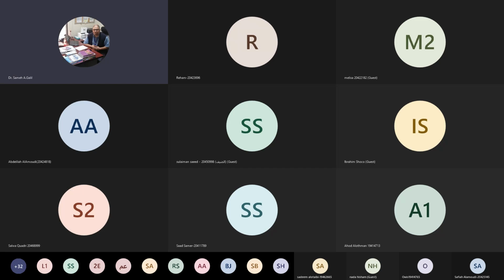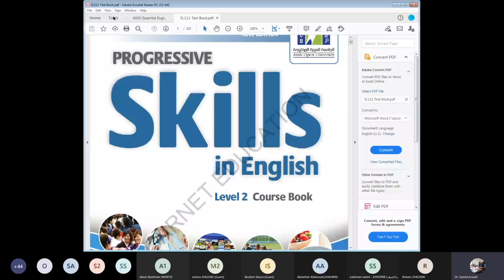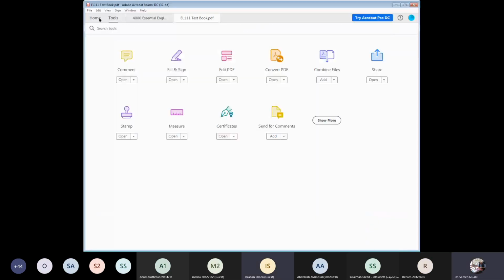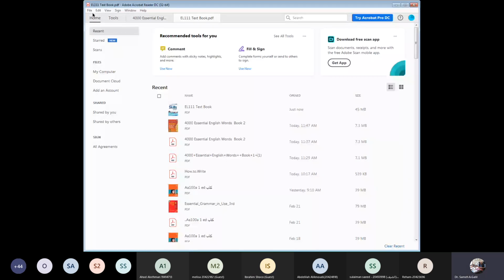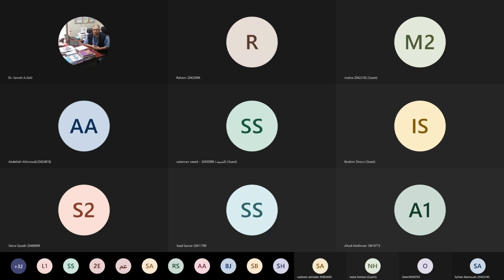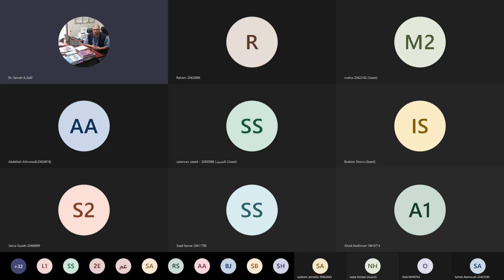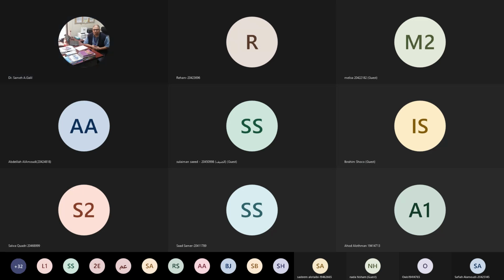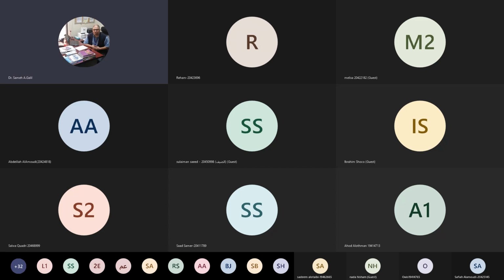So can you see the book? No. Wait, I have to open it first.